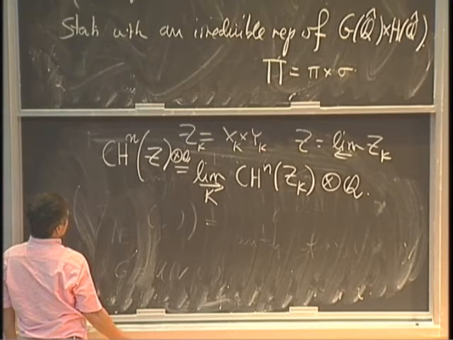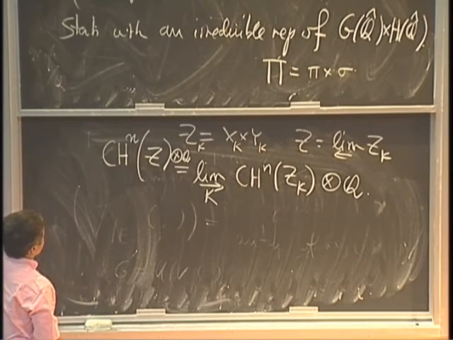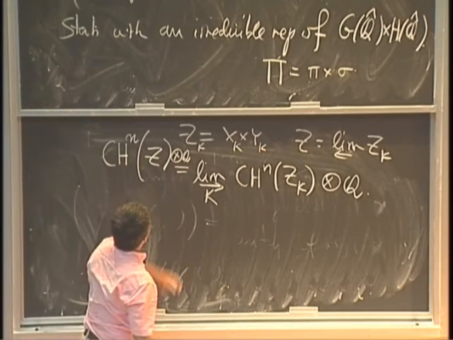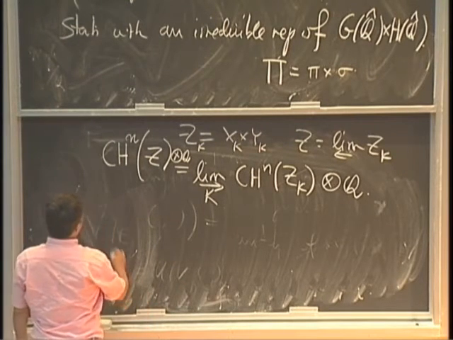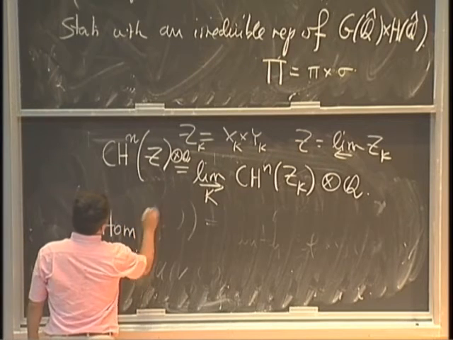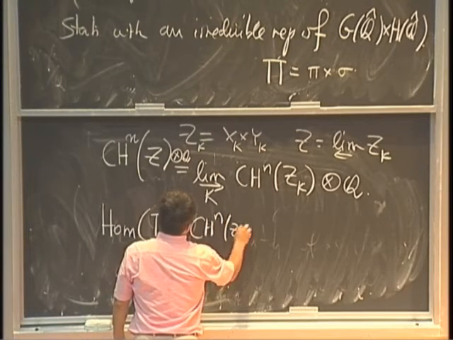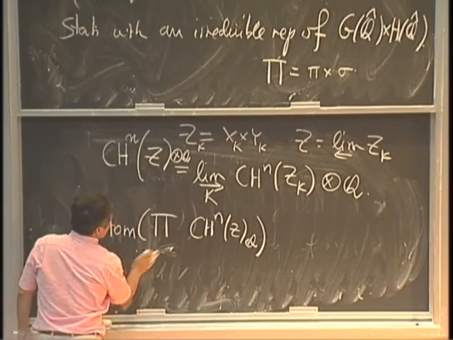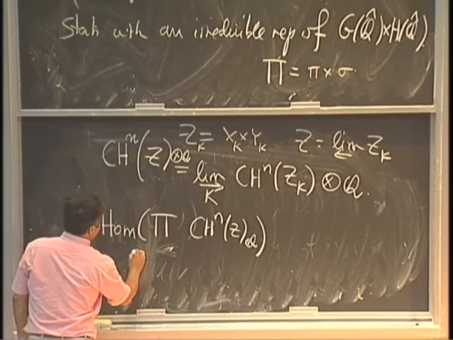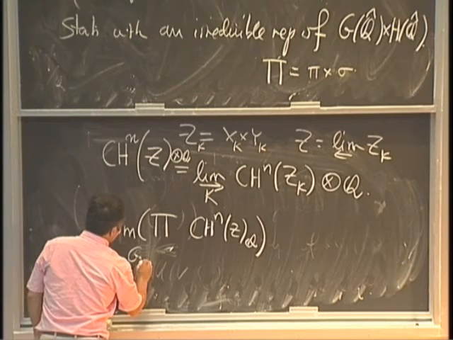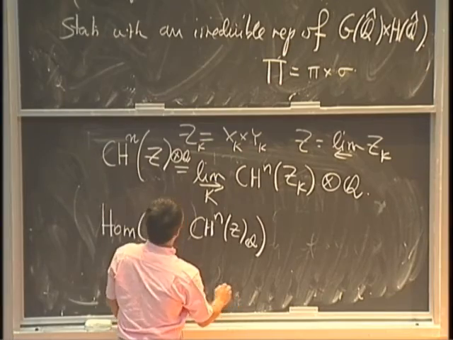Okay, so I start with a pi, I need to define a motive by this big pi. I don't want to define that motive, so I simply define the homomorphism from pi to CH^n of Z of Q as the linear function of G cross H. I need to have a good name.